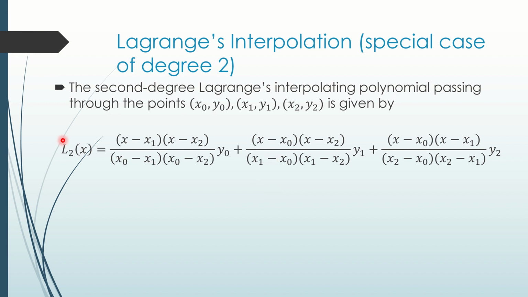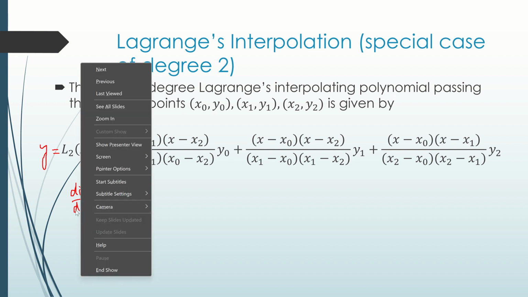Now if you look at this, there are two ways to find its derivative. Assume this is my y, and I want to differentiate it at x equal to something. So I'm interested in dy by dx. It's a very straightforward thing.